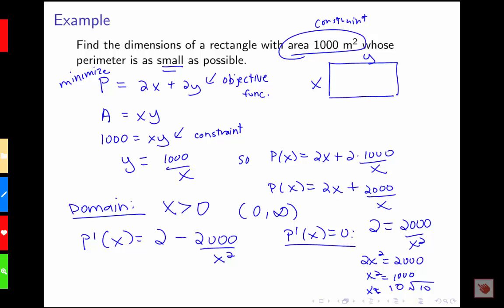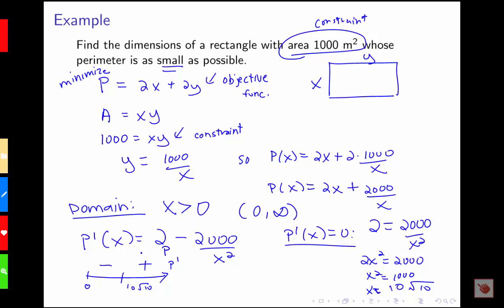Now to justify that that's where we actually have a minimum, we need to create a sign chart here where our number line starts at 0, goes off to infinity, where I've got 10 root 10 here. And now I need to test for the sign of the derivative on either side of that value. So if we plug in something smaller than that, like 1, we're definitely going to get a negative value for our first derivative. We plug in something much bigger than that, we're going to get something that's positive.